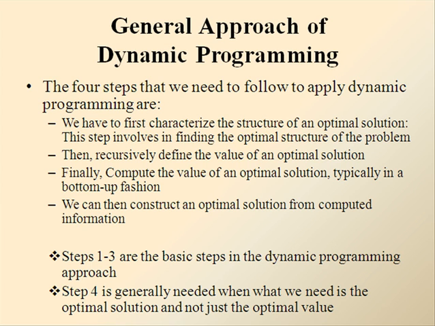We can then construct an optimal solution from the computed information. Steps 1 to 3 are the basic steps of dynamic programming. Step 4 is needed when we need the optimum solution and not just the optimal value.